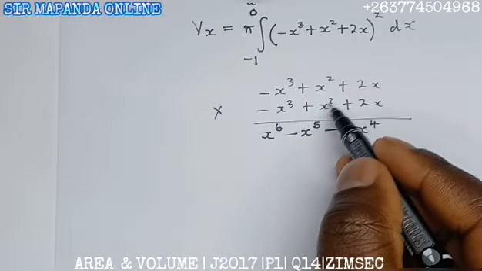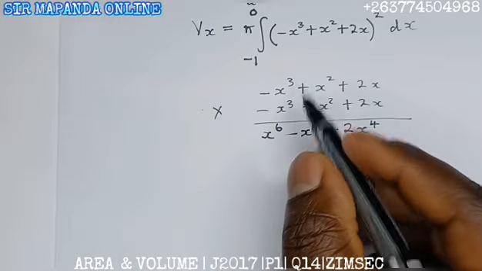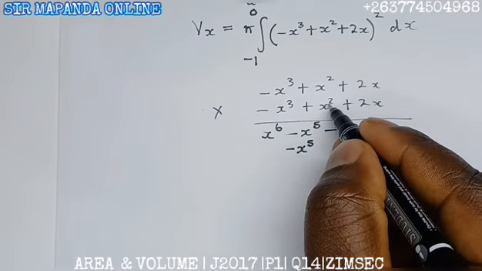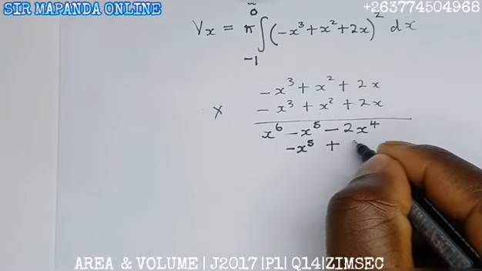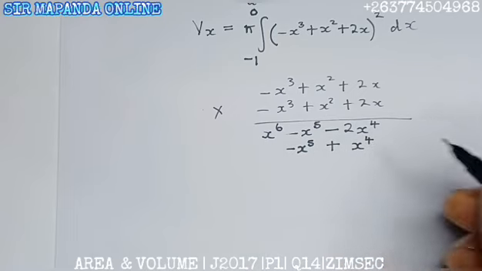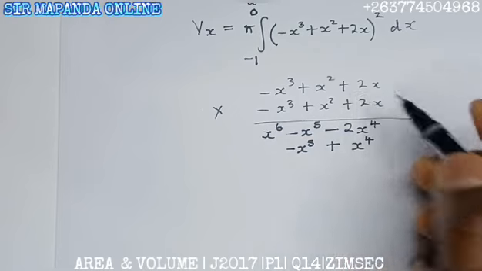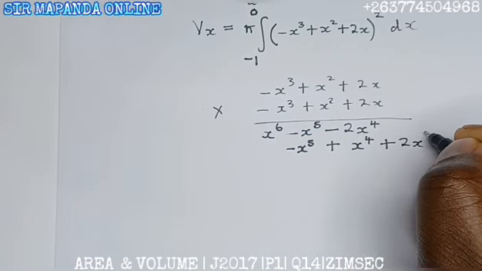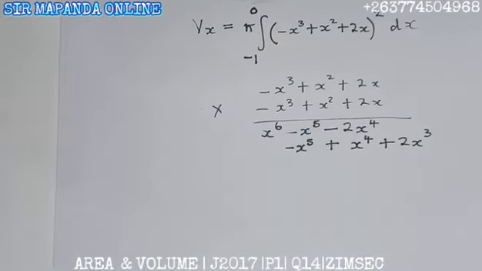Then you are now multiplying with x squared. x squared times minus x squared, you get minus x to the power of 5. x squared times x squared, you get plus x to the power of 4. Then x squared times 2x, you get plus 2x to the power of 3.